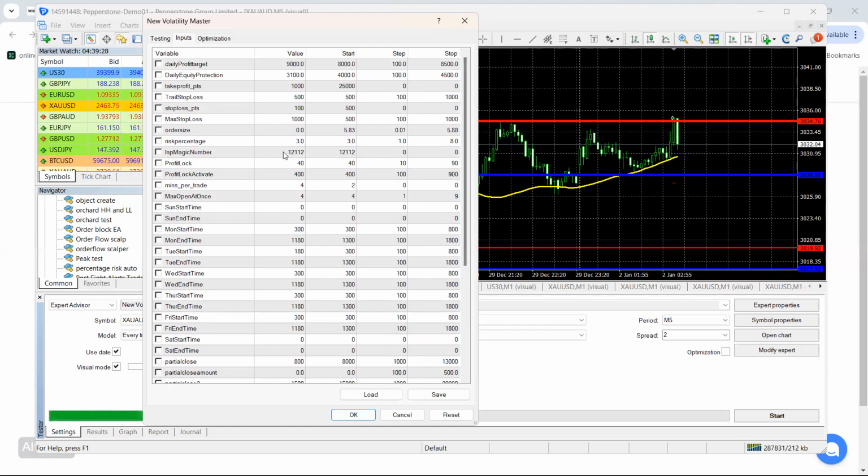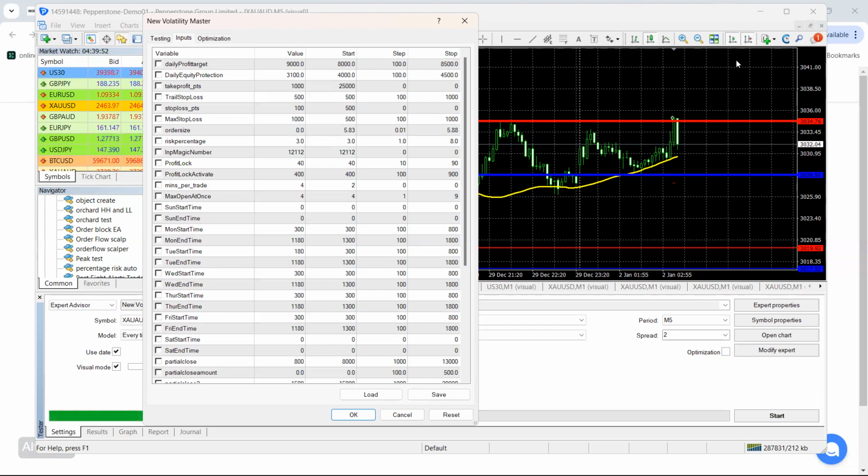we still don't have any more at risk than we have set. So in this case, I've got the risk percentage set at 3%. So when it takes out the first trade, I have 3% of my account at risk, meaning that if I hit the stop loss, I'm going to lose 3% of my account balance. But then if the market moves up and the profit lock activates, making it risk-free, then it can look to open up a second trade.